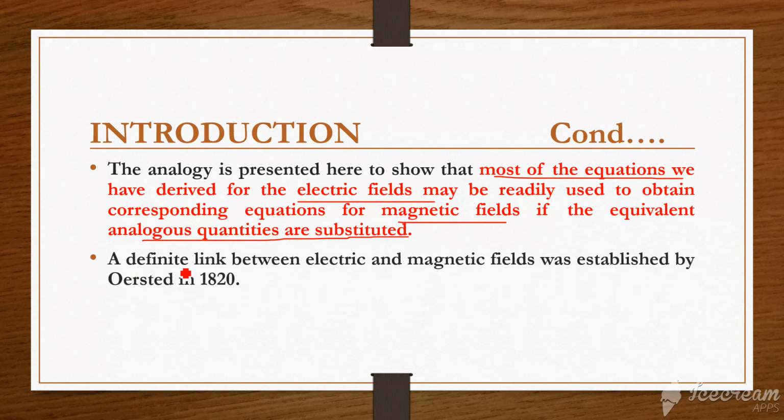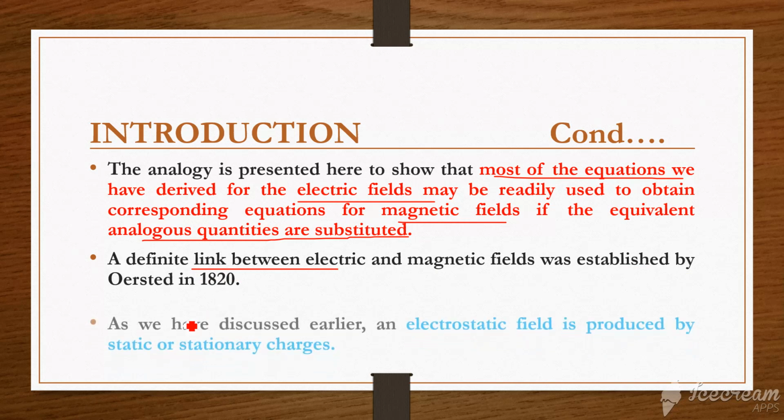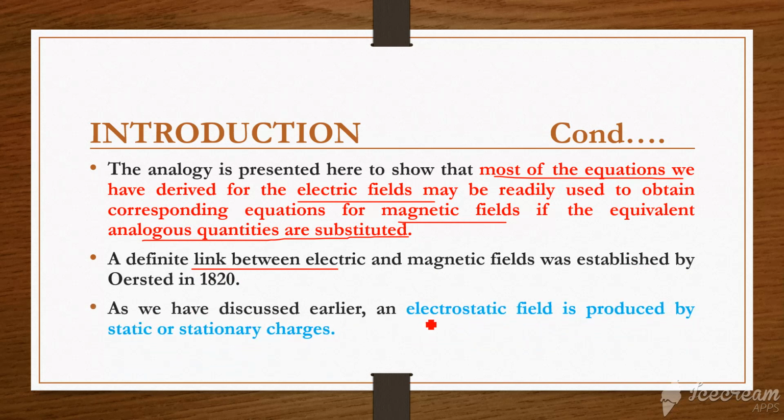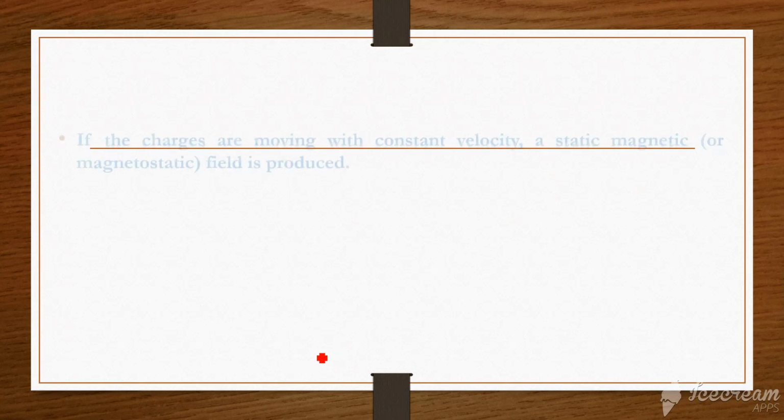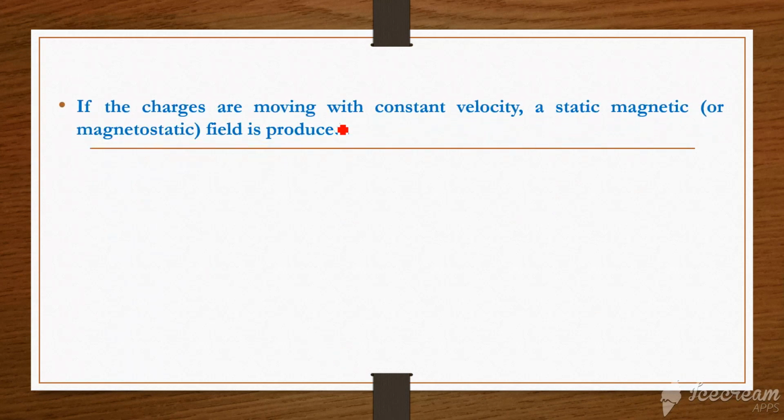A definite link between electric and magnetic fields was established by Oersted in 1820. As we discussed earlier, an electrostatic field is produced by static or stationary charges, and if the charges are moved with constant velocity, a static magnetic or magnetostatic field is produced.